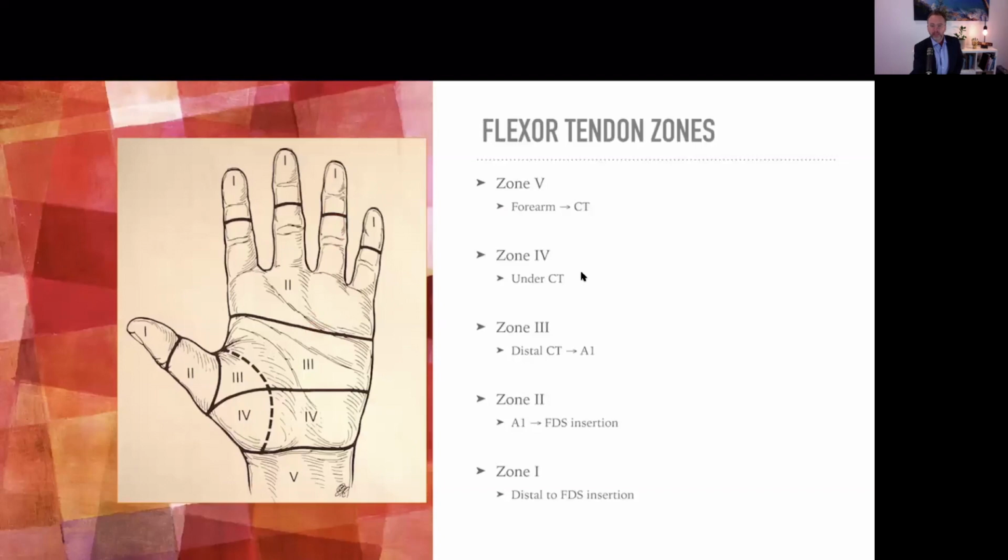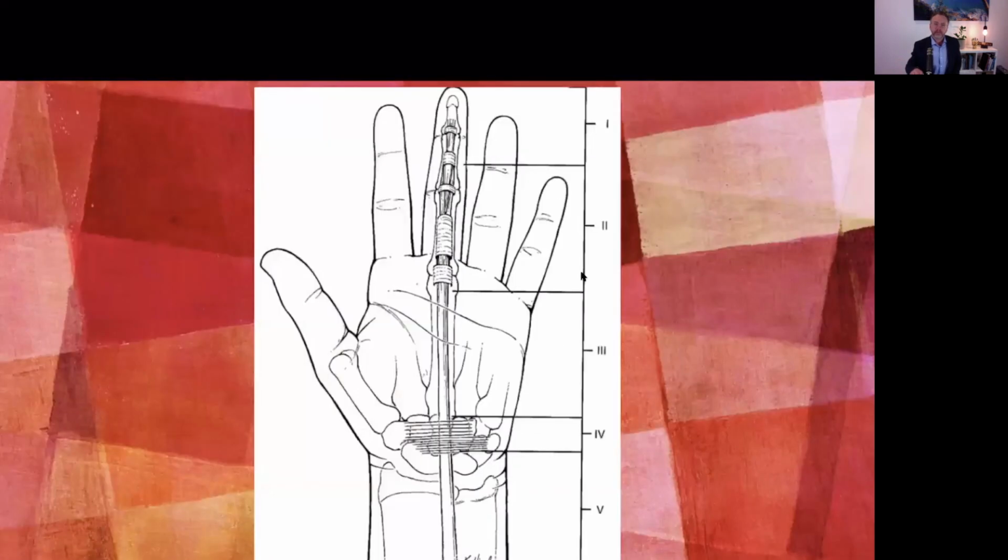And then 3 is carpal tunnel to A1 pulley here, 4 and 5 in the wrist. This perhaps demonstrates it in an even nicer fashion. Our insertion point of FDS here, A1 pulley there, the transverse carpal ligament defining zone 4 and zone 5 proximal to that.